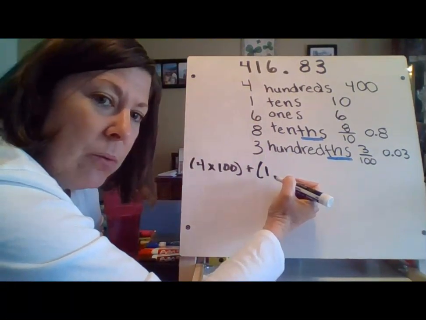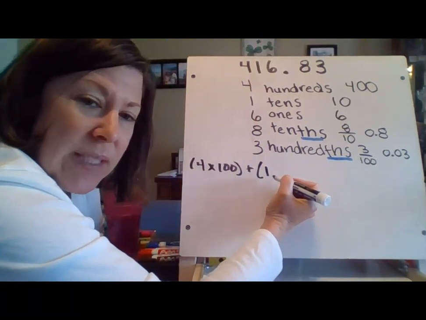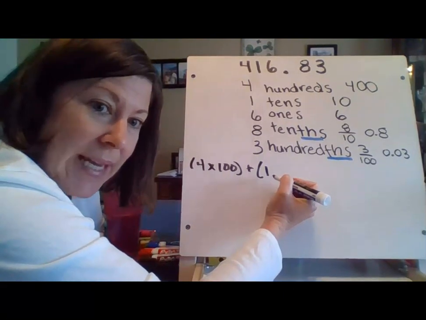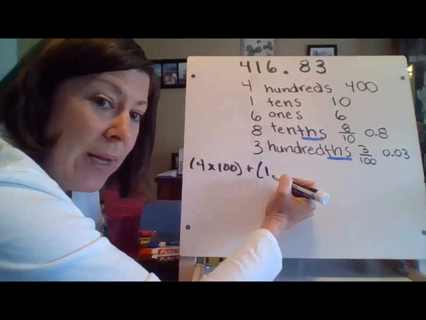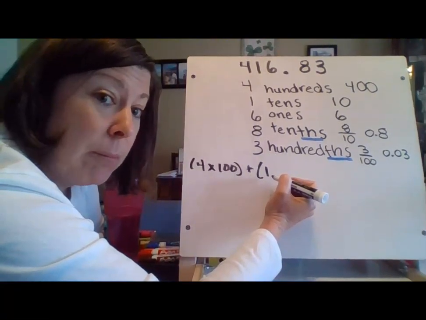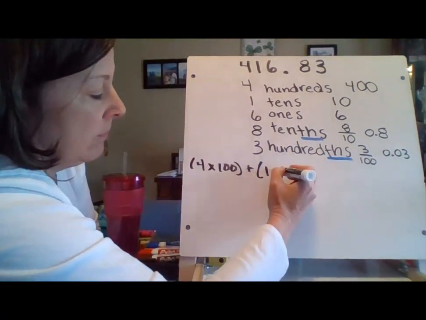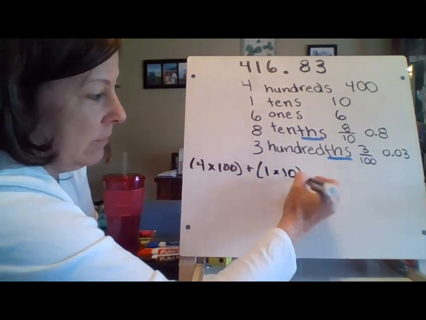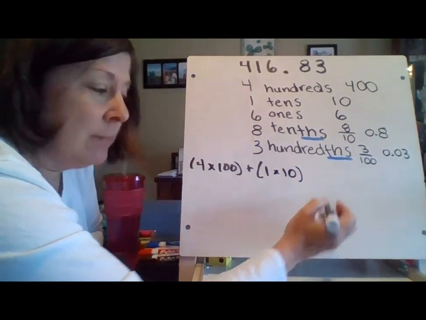And it might help you when you do number 3 to set up a place value chart labeled just like in number 2, and it'll help you with identifying the correct place values for the numbers. 1 ten.